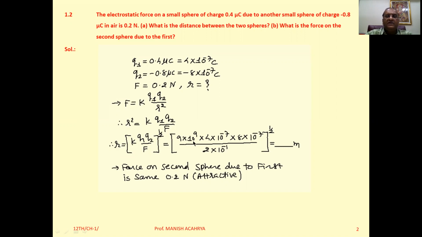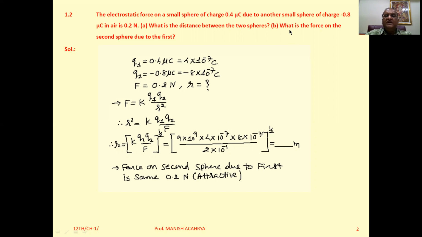K 9 into 10 raised to 9, Q1 4 into 10 raised to minus 7, Q2 8 into 10 raised to minus 7 upon 2 into 10 raised to minus 1, that is the force. And now solve this one and then take square root of it, you will get the separation between those two. Now here these two charges given to you are opposite charges. One is positive, another one is negative. So this particular force will be attractive one.